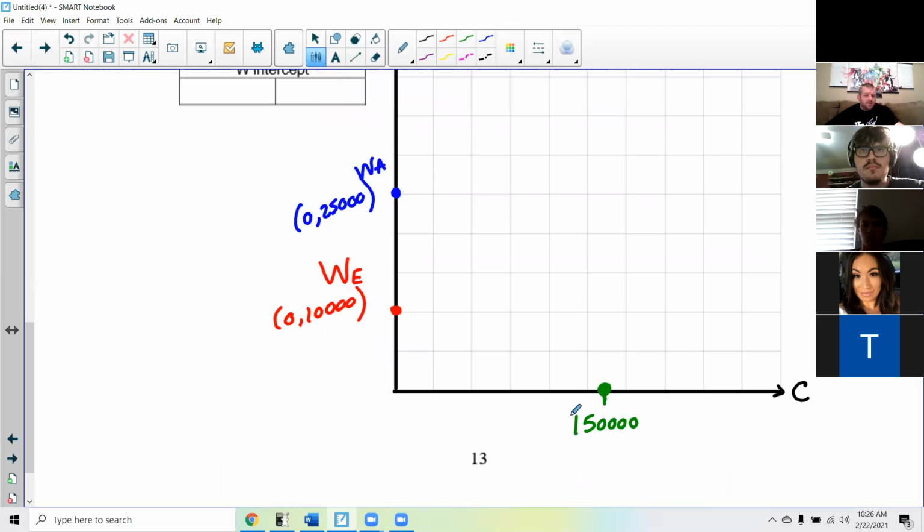So they intersect at 150,000 comma 25,000. Well, here is 25,000. So they have to intersect at the same Y level as that. So there's the intersection point. This is the point 150,000 comma 25,000.